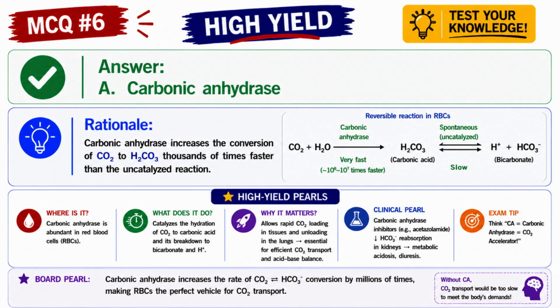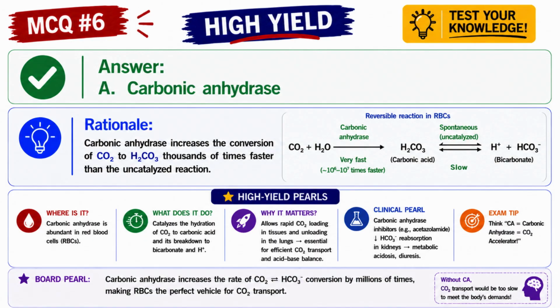This allows the entire CO₂ to bicarbonate conversion cycle, CO₂ entry, carbonic acid formation, dissociation to H+ and bicarbonate, bicarbonate export, chloride shift, to complete within the brief time blood transits a tissue capillary. Without carbonic anhydrase, CO₂ transport as bicarbonate would be negligible.